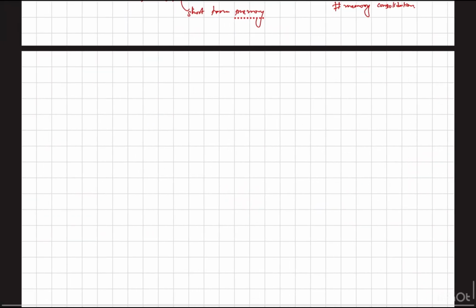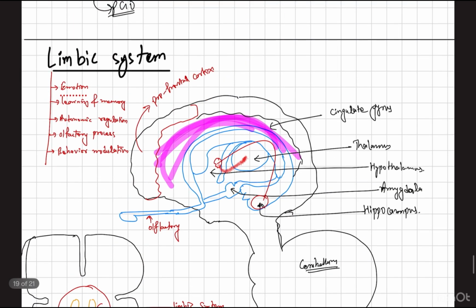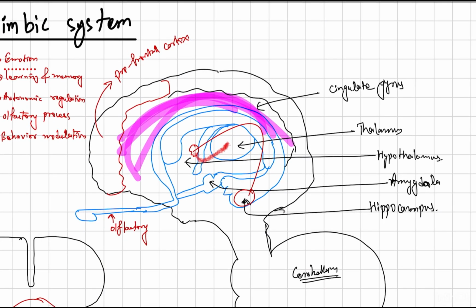The next one is the cingulate gyrus. It is situated above the corpus callosum. We have already seen this in the image: this is the corpus callosum, and the cingulate gyrus is above it.